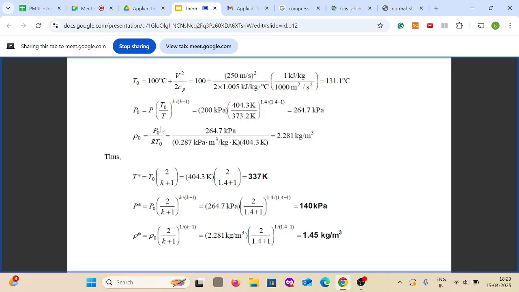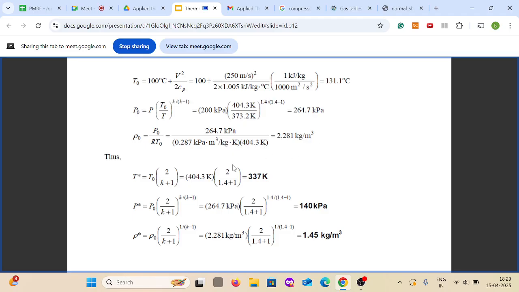And rho naught is P naught by R T naught. 264.7 is the P naught, R is 0.287 for air, and T naught which we have found out is 404.3 Kelvin. So rho naught comes out to be 2.281 kg per meter cube.